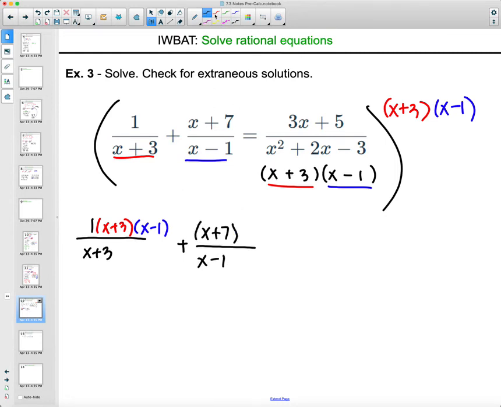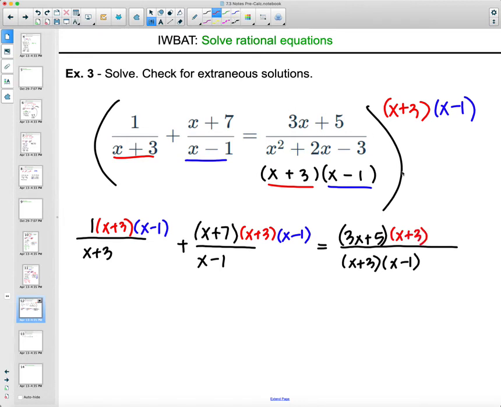So we're going to multiply in the x plus 3 and the x minus 1. And then we're going to multiply it to this last part. So we have 3x plus 5, and I'm just going to write the factored denominator, x plus 3, x minus 1. And then we're going to multiply by x plus 3 and x minus 1.